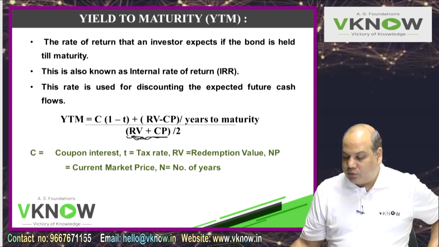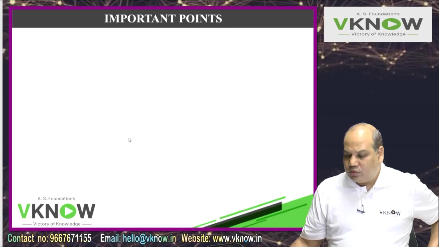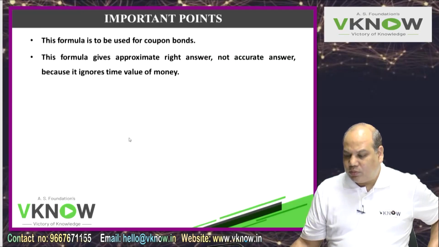This redemption value may occur after 20 years, this may occur today, and if I take into account the time value of money, that is ignored here. So this formula ignores time value of money to some extent, and that is why it will not give you an accurate answer, but yes, an approximate right answer.